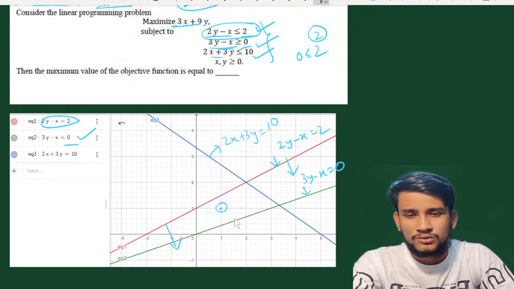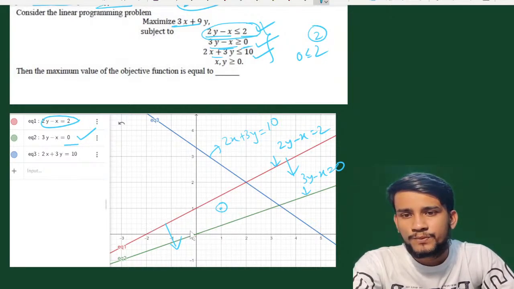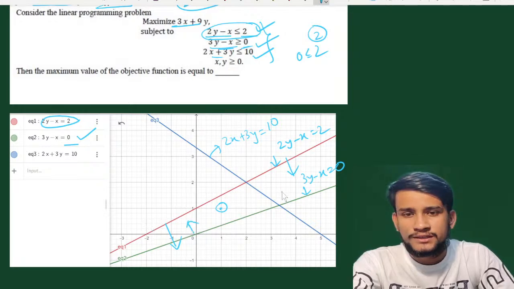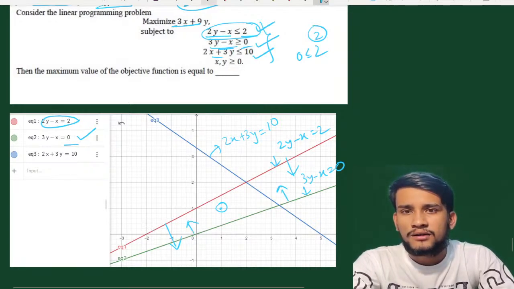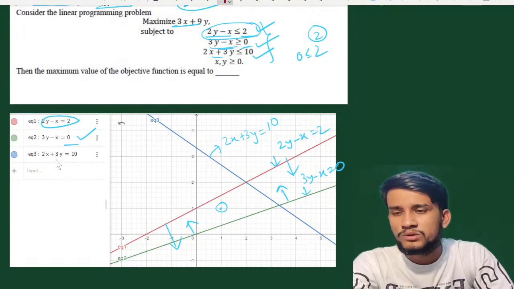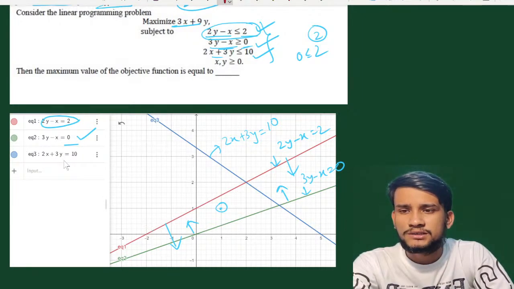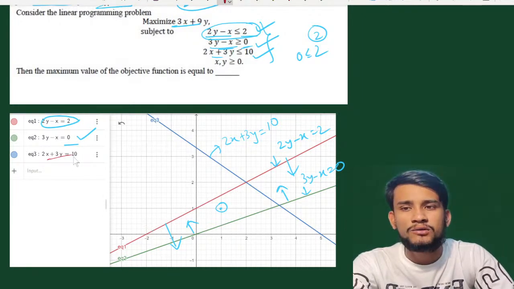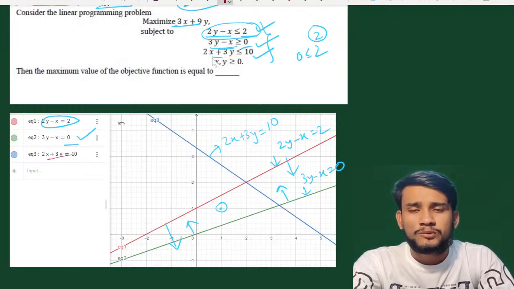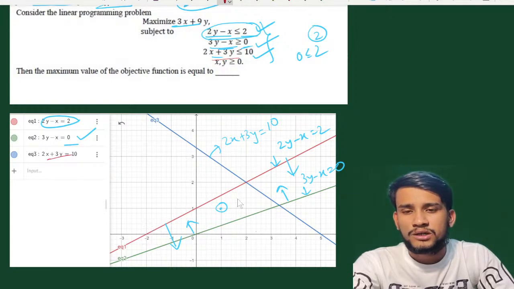So the region is on this side. One more equation is 2x plus 3y equal to 10. If we put 0, 0, it satisfies the inequality, 0 less than or equal to 10. Therefore the region is towards the origin.